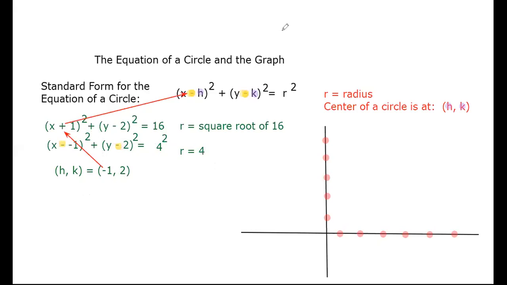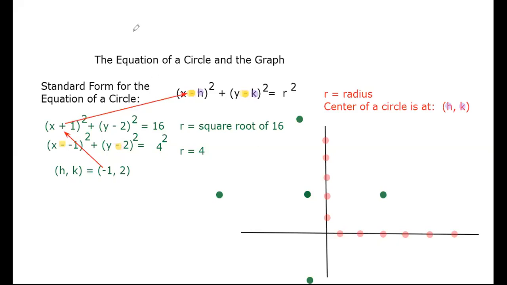So we've got the center of our circle now at -1, +2. Our radius is 4. So we go up 4, over 4, and there's your circle.